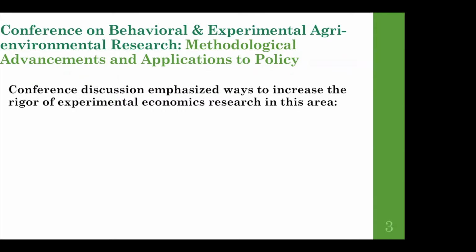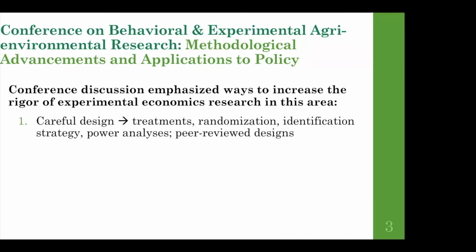I just wanted to highlight two takeaway messages that really resonated with me after attending this conference. The first was how we think about the design stage of our research, being really careful with how we plan our treatments and the randomization that we use to assign treatments to different groups, particularly when we're working across counties or states or regions.